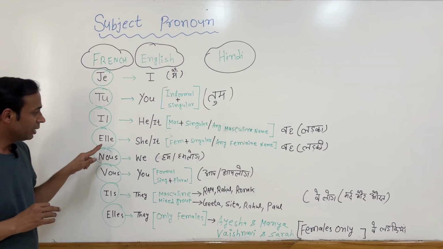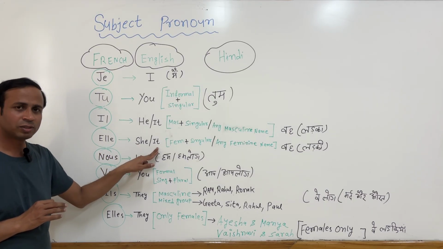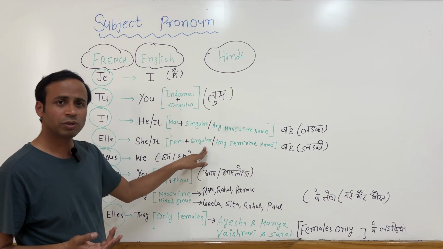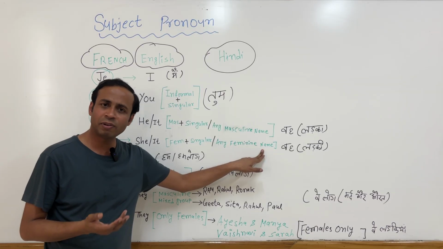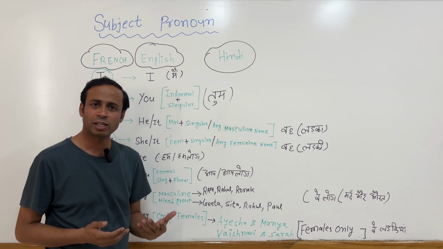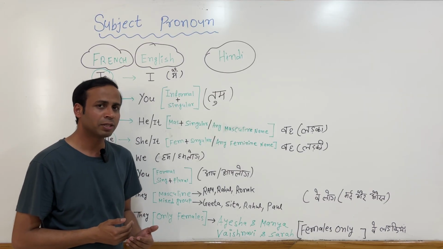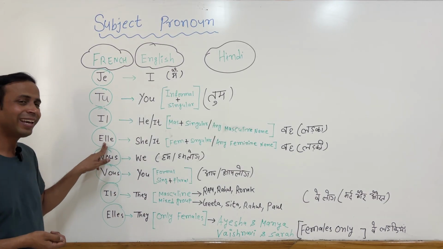Next is elle. Elle means she and it. So it is clear this is feminine and only used with a singular person, and any feminine name. Suppose you are talking about Katrina Kaif, instead of repeating Katrina Kaif's name again and again, you can simply replace her name by elle.